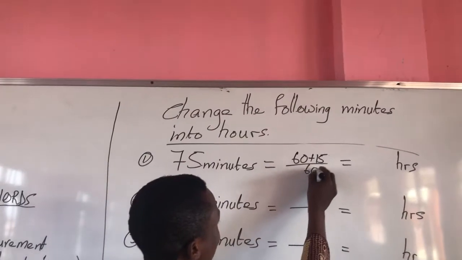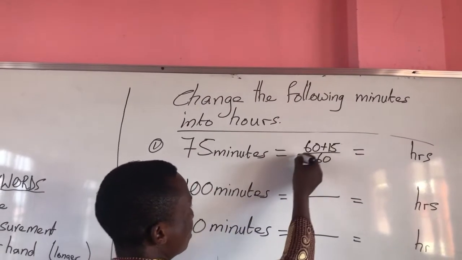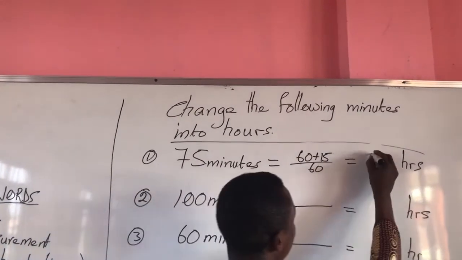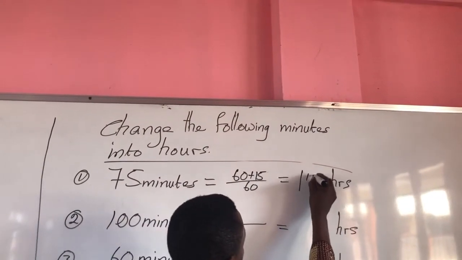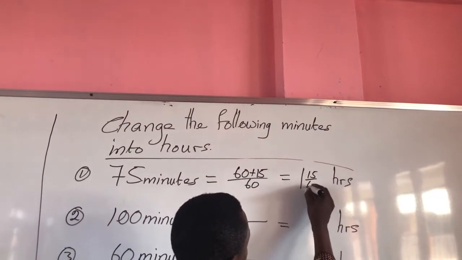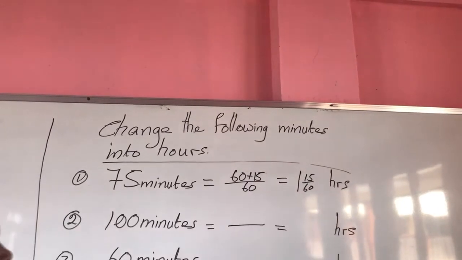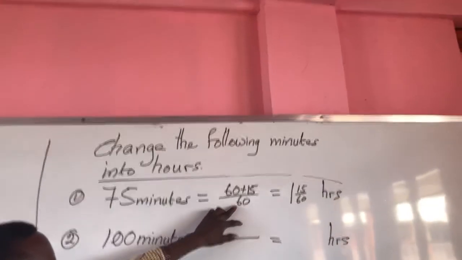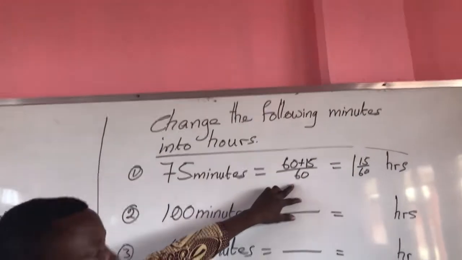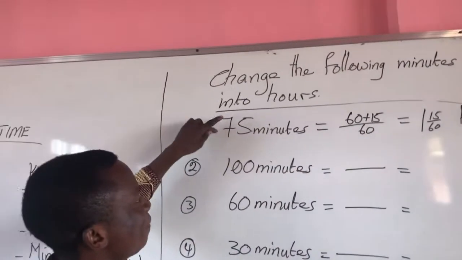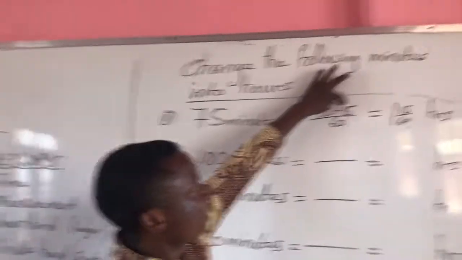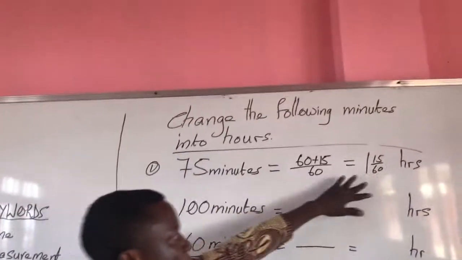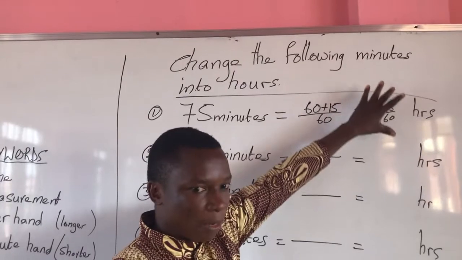This 60 can cancel this 60, 1. It will be left with our 15 over the 60. It is just telling us that 60 will go into 75 one time. It will be left with what? 15. That is what we are to write in hours.